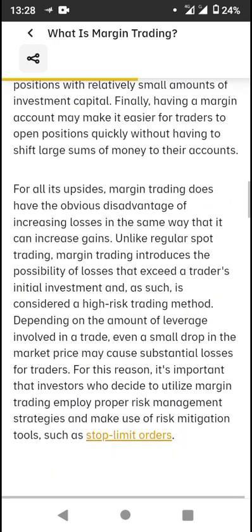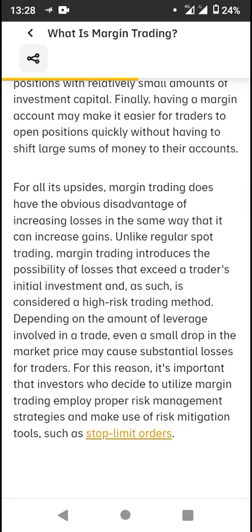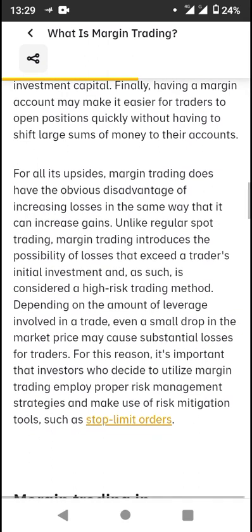For all its upsides, margin trading does have the obvious disadvantage of increasing losses in the same way as it increases gains. Unlike regular spot trading, margin trading introduces the possibility of losses that exceed a trader's initial investment, and as such is considered a high-risk trading method.